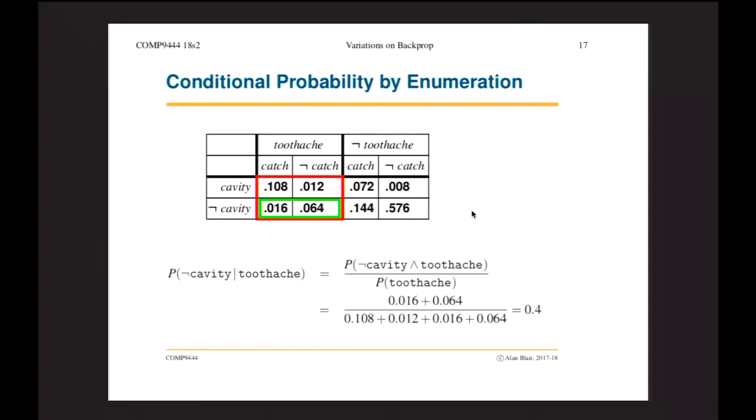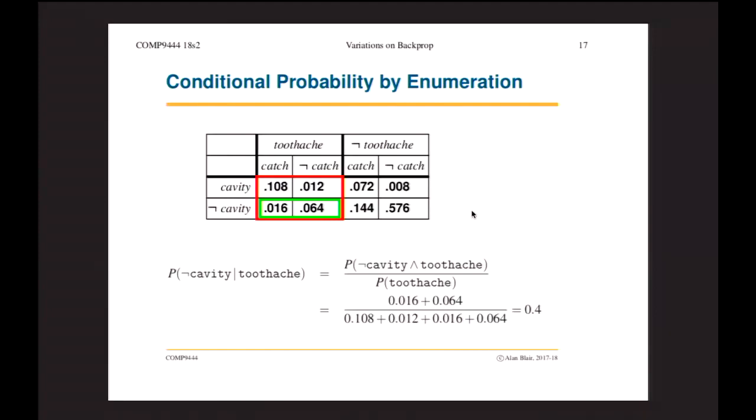So the red box is the people who have a toothache, and then within that, the green box is the people who don't have a cavity. So the probability of not having a cavity given a toothache is the probability of not cavity and toothache, which is the green box, divided by the probability of toothache, which is the red box.